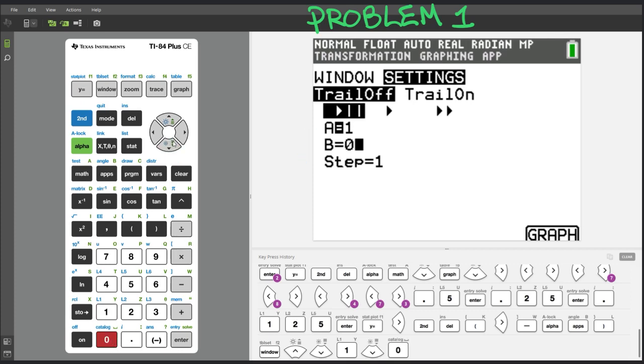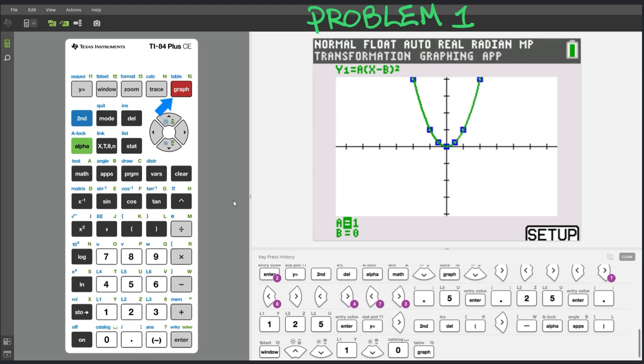So b isn't anything first, then we'll change it, and then step equals 1. So we hit graph now. We have a similar screen, but we have a different equation, and then we have both a and b values now.